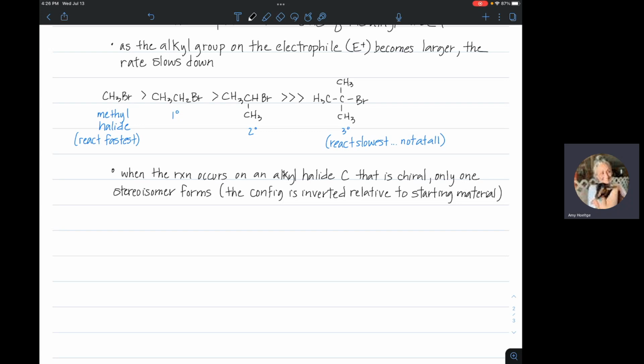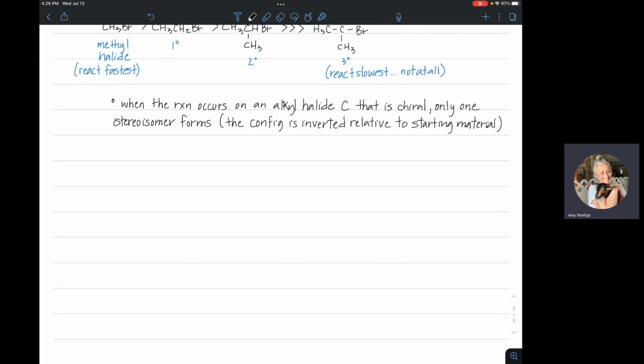So how do we visualize this? We could take something like this. We could just draw our tetrahedron. So here we have a carbon, and it's got 4 different groups on it.